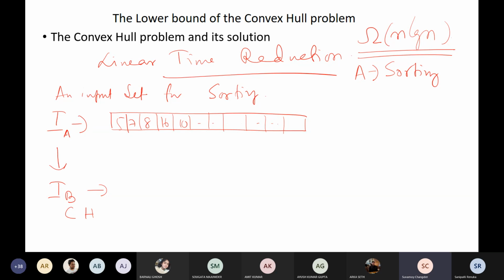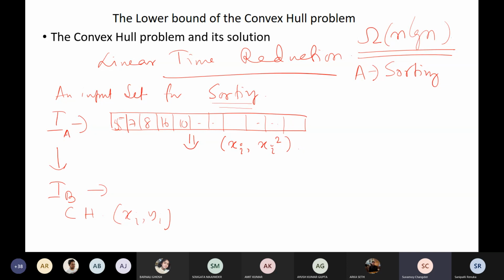How to do this? The input set for sorting is a number, but the input set for convex hull is a coordinate xi, yi. So we can apply a function which will convert a value to its corresponding xi and xi square.